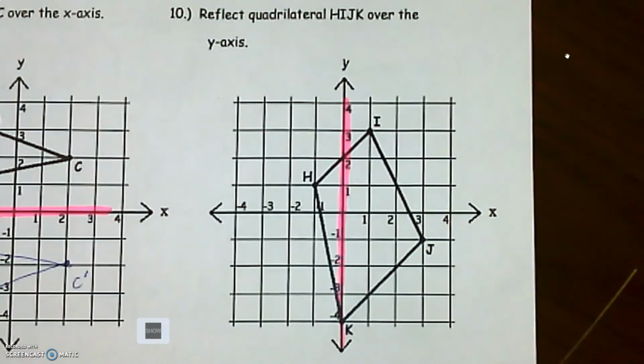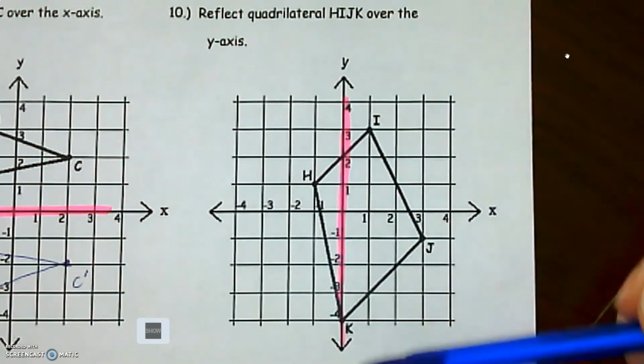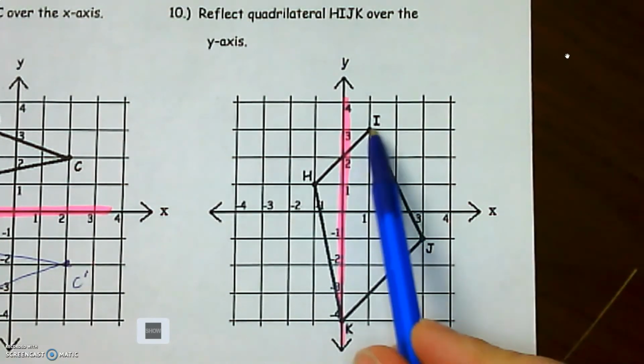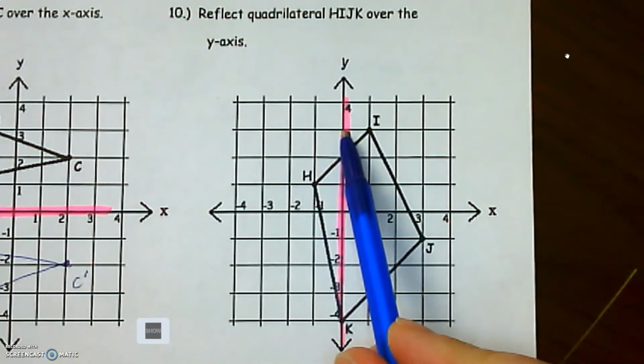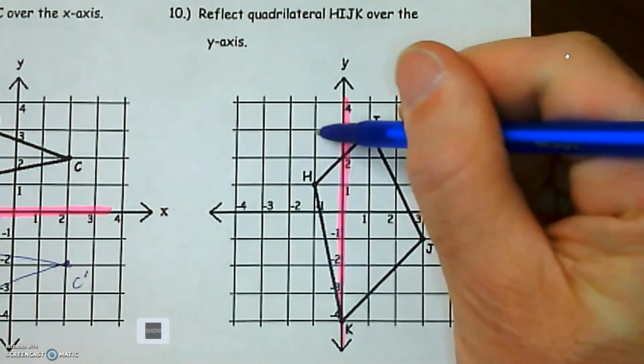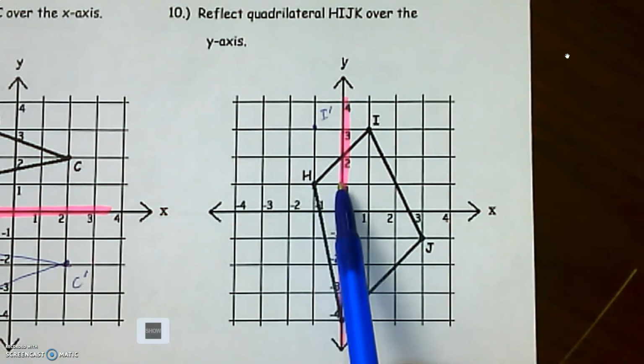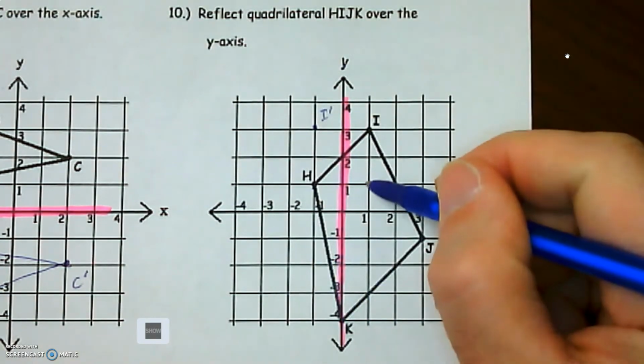Okay, well, what's different about 10? We're going to reflect it over the y-axis, but the figure goes over top of the y-axis. But we still reflect it the same way. If point I is 1 to the right, I prime will be 1 to the left. If H is 1 on the left, H prime will be 1 on the right.